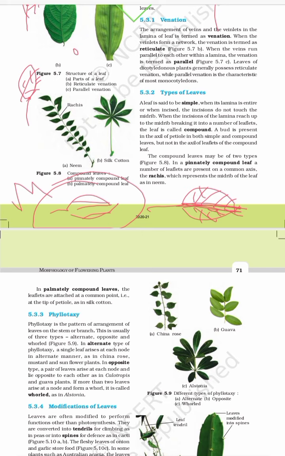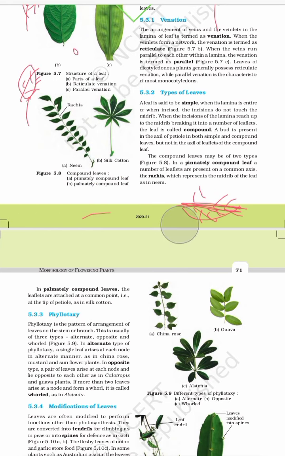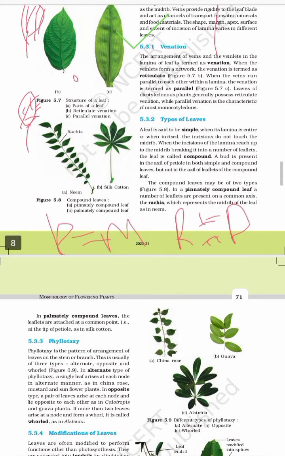So two things you have to learn over here: parallel venation in monocot and reticular in dicot. In short, you can remember it by PM, Prime Minister: parallel venation in monocot, and RD, Research Department: reticular venation in dicot. Okay, and dicot and monocot, I think you know very well. If you are confused about it, just let me know in the comment section.